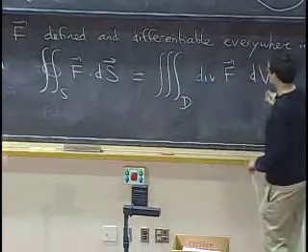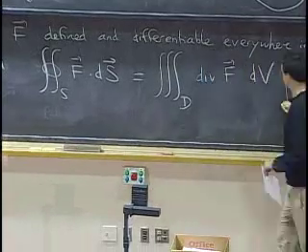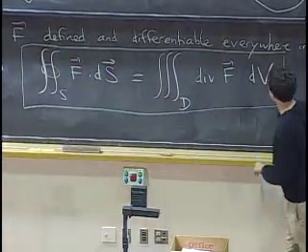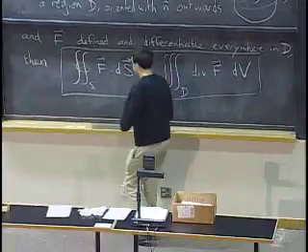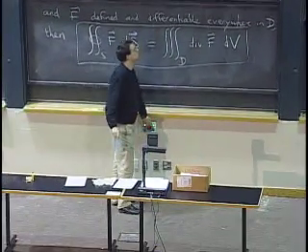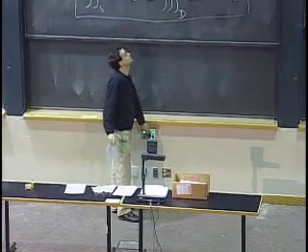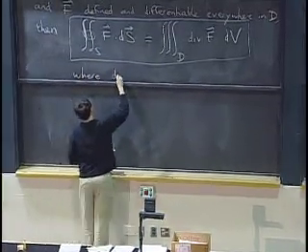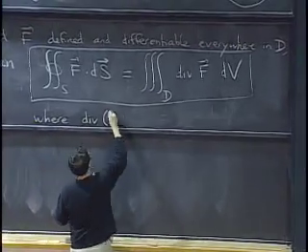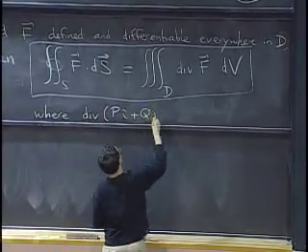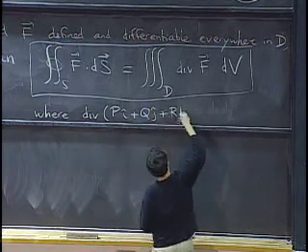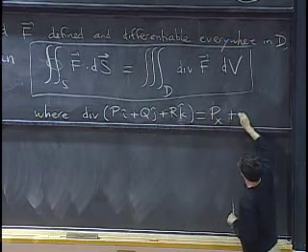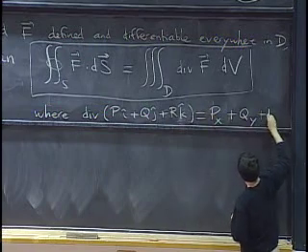Now I need to tell you what's the divergence of a 3D vector field. Well, you'll see it's not much harder than in the 2D case. What you do is just, say that your vector field has components P, Q, and R, then you will take P sub x plus Q sub y plus R sub z.